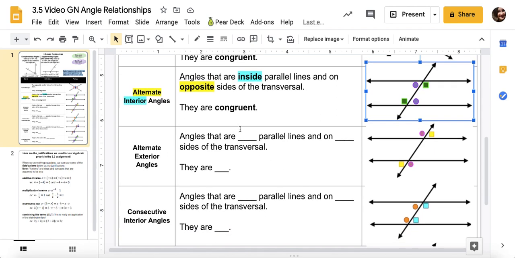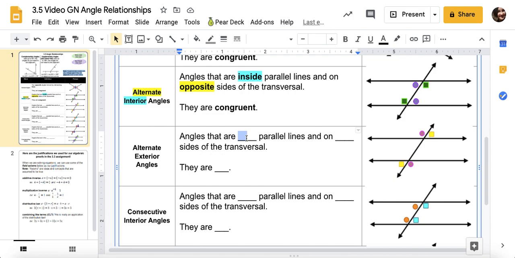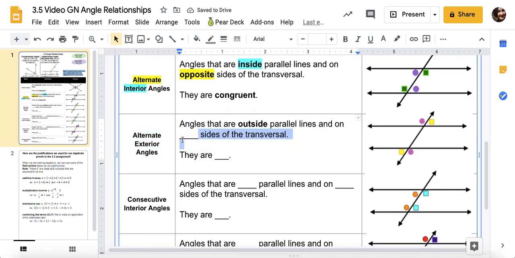Similarly, we have alternate exterior angles. These are outside parallel lines, and they are on opposite sides of the transversal. And they are also congruent. So over here we can see the pink and the pink angles are congruent.